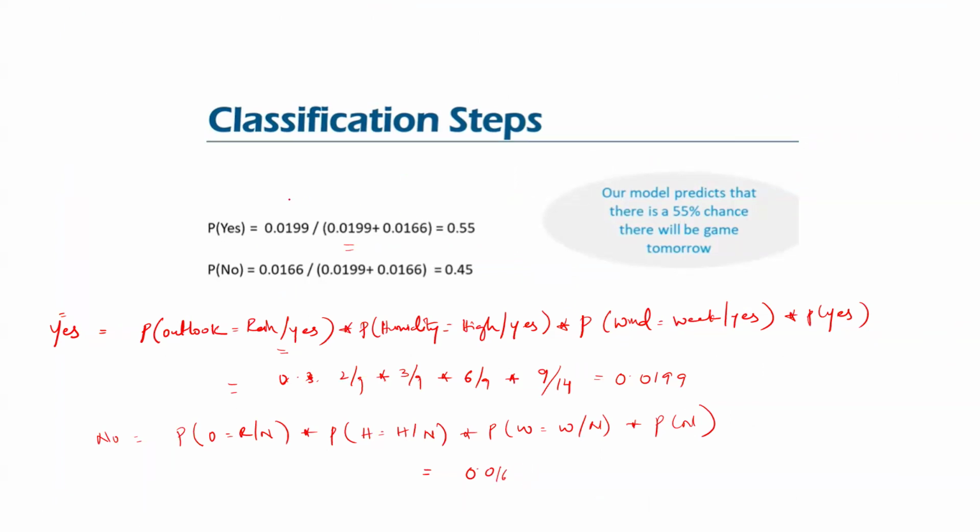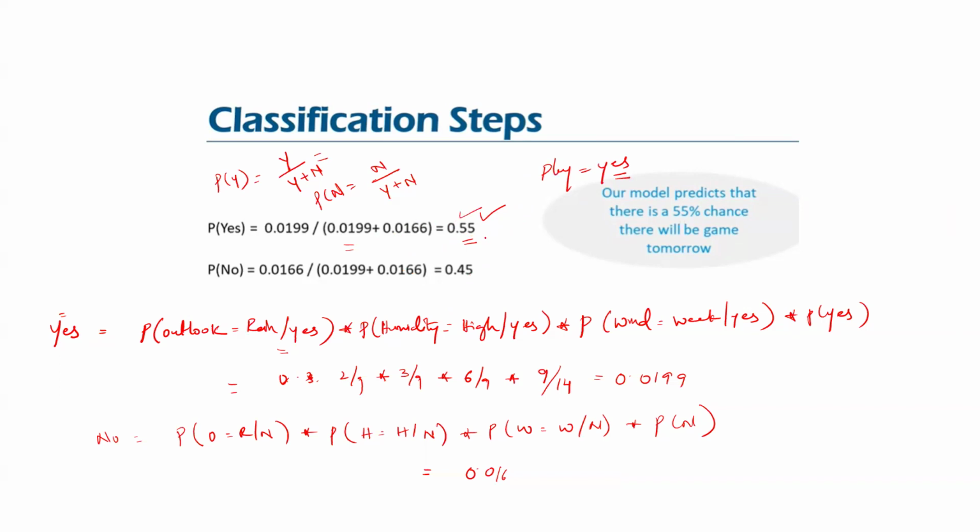In the last step, the probability of yes is given by yes divided by yes plus no, and the probability of no is given by no divided by yes plus no. Whichever has the highest value wins. The probability of yes has the highest value, 0.55, so we can conclude that play equal to yes.